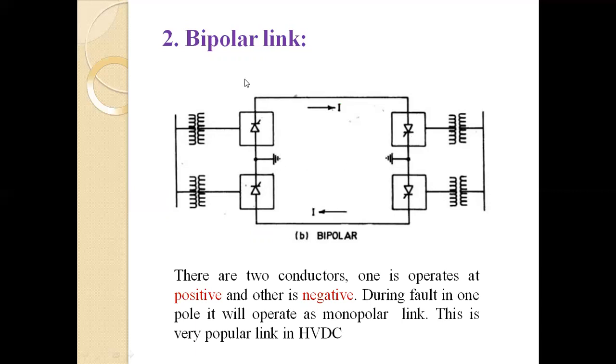So in bipolar link, there are two conductors. One conductor is on the upper side and the second conductor is on the lower side. One operates at positive and the other at negative. So if this conductor is positive polarity, then this conductor is negative polarity. During a fault, if one pole breaks down, the other conductor will operate as a monopolar link.